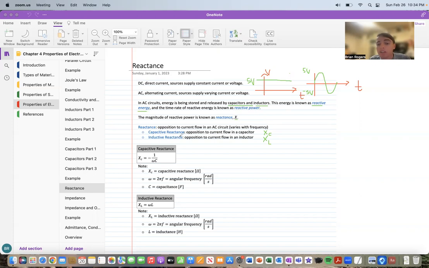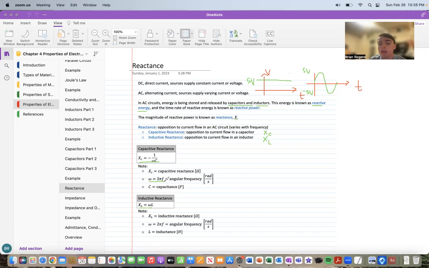Capacitive reactance is the opposition to current flow in a capacitor, whereas inductive reactance refers to opposition to current flow in an inductor. The formulas that you're going to see over and over again: for capacitive reactance, X sub C is equal to -1 over omega C, and the inductive reactance X sub L is equal to omega times L. Omega is your angular frequency, given by 2 pi times the natural frequency.